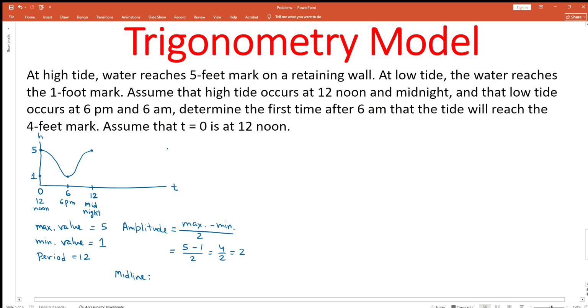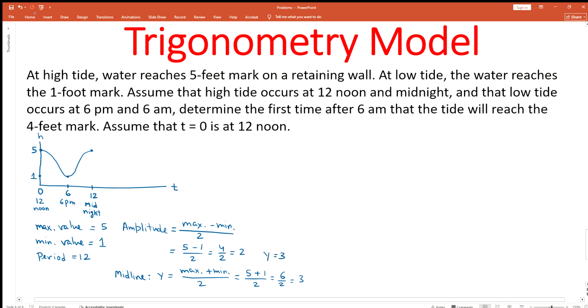The formula for midline is maximum value plus minimum value divided by 2. The equation of midline is y equals 3.